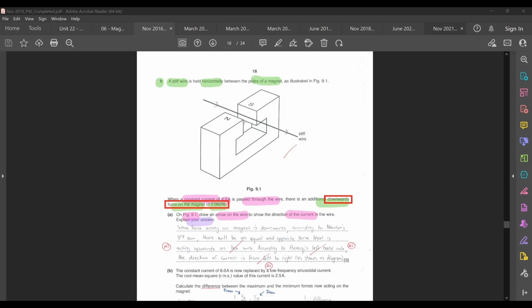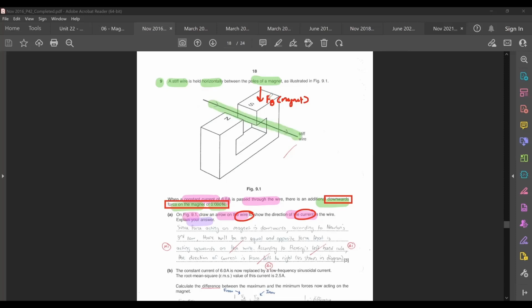So there is actually a force acting on the magnet right now. That force is actually downwards. This is the FB acting downwards on the magnet itself. Okay, but the question wants you to work out the current direction inside the wire itself. That wire being this wire here.